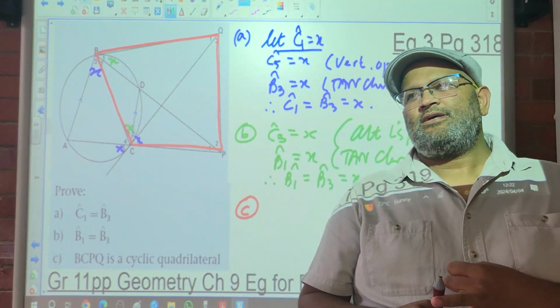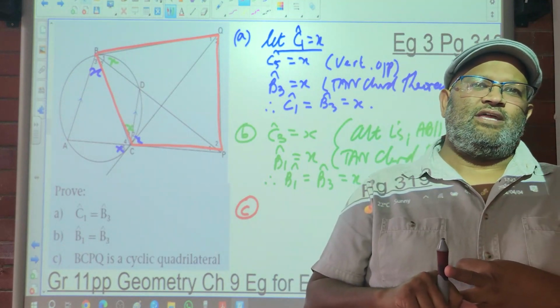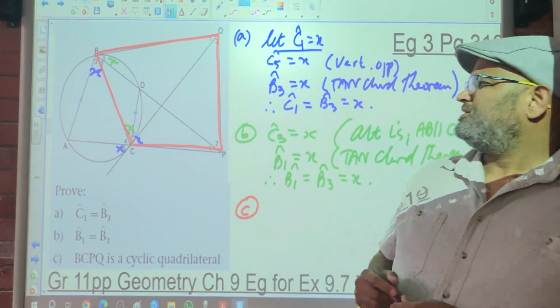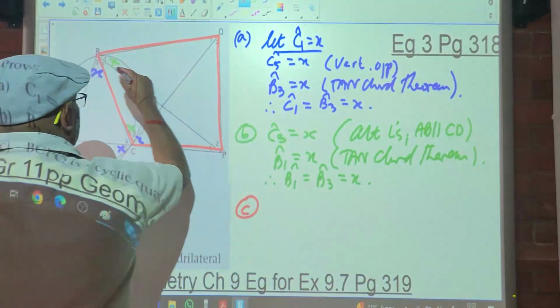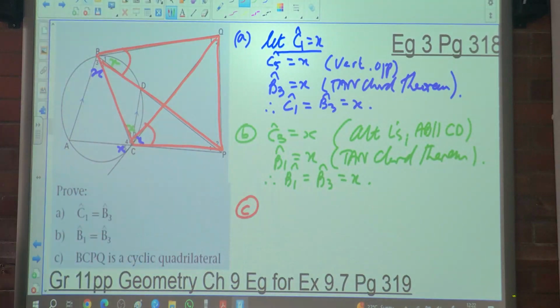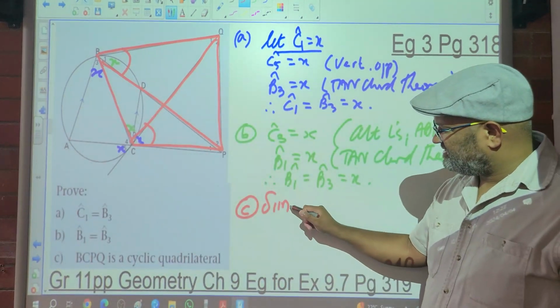Exterior angle equal to interior opposite angle. And the converse of angles in the same segment. Okay. So what do we notice here? If there are many diagonals here, we always check for angles in the same segment, and there it's evident. Did you see that? So I don't have to prove anything. I can just go straight into the conclusion. I say, since what?